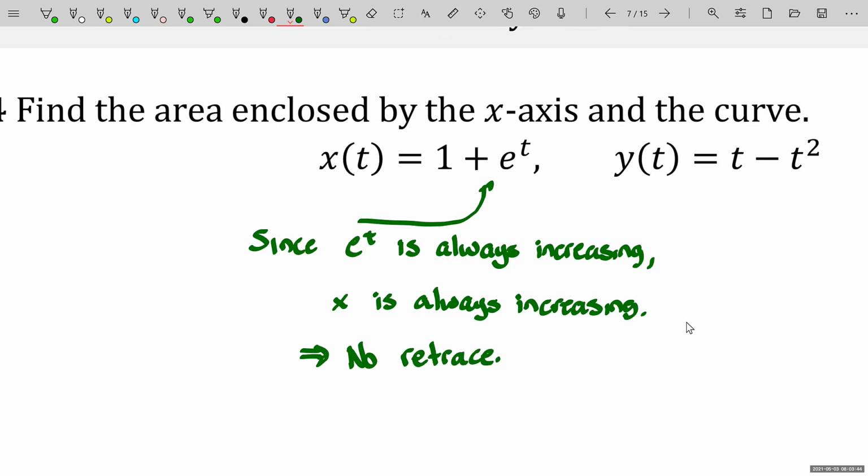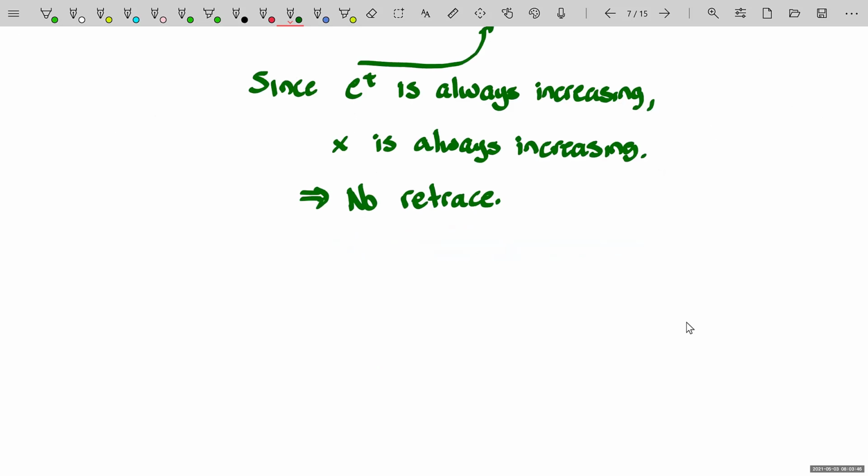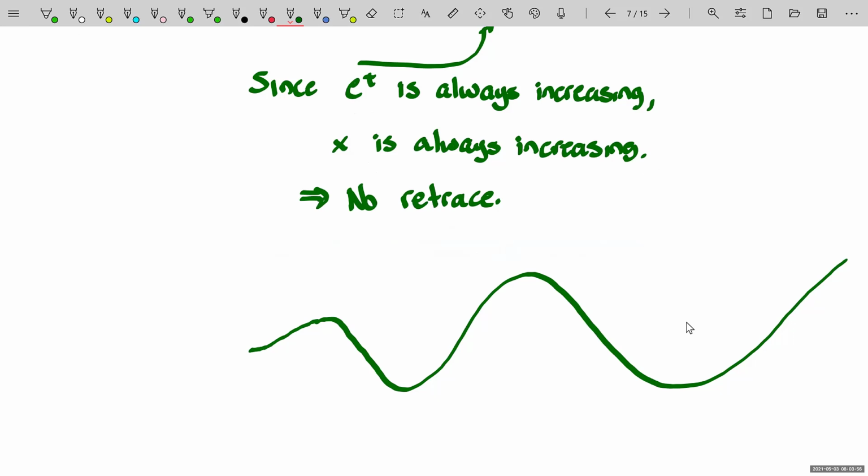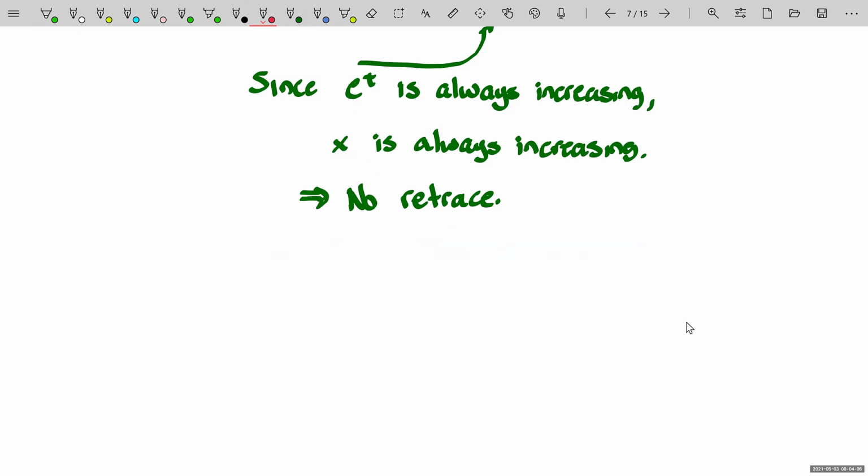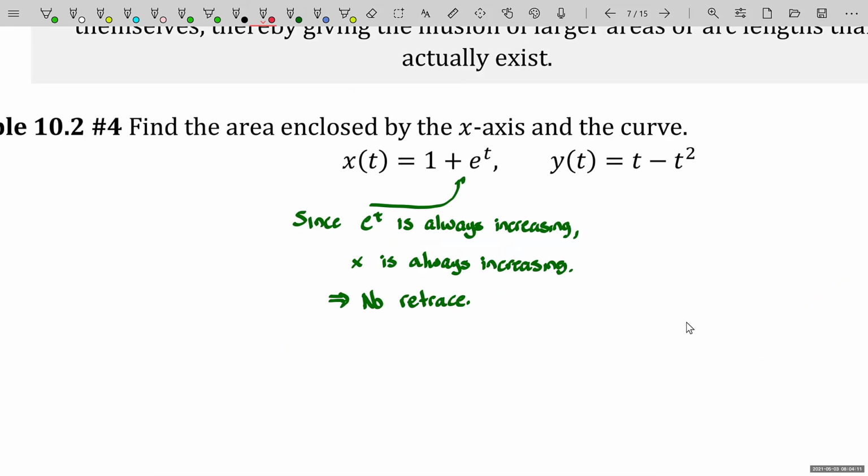There's no way it's going to retrace. Try to put your pen on a piece of paper and let your x values go to the right. Your y value could be whatever you want it to be. Will it ever retrace? The answer is no. To retrace, you'd have to start going backwards. And that's not going to happen because the x values are always increasing. So that's a great way to know that your curve is not going to retrace very quickly.